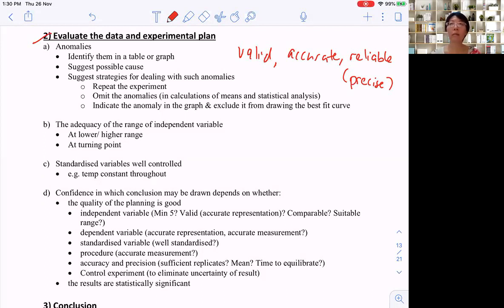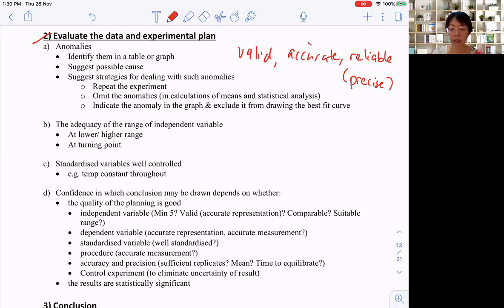If I want to know the mean height of the male students, I cannot measure everybody. I cannot measure the teachers, the lab assistants, the admin staff, all the female and male, and then use it as the mean height of the male students, right? So this is called validity of your experimental plan and data.